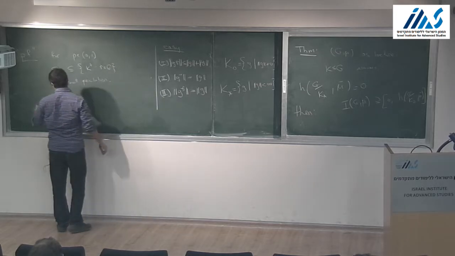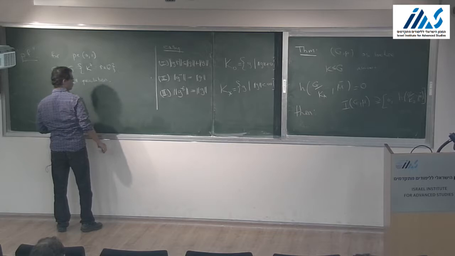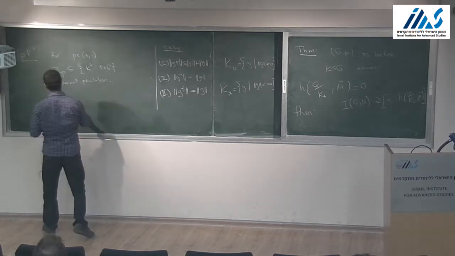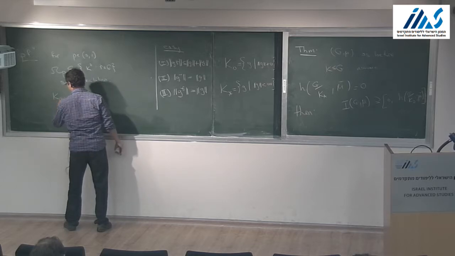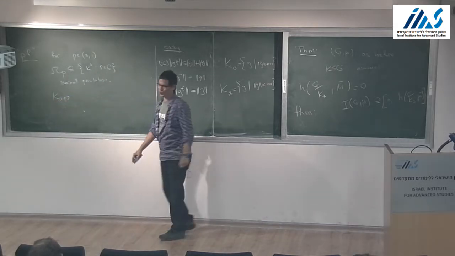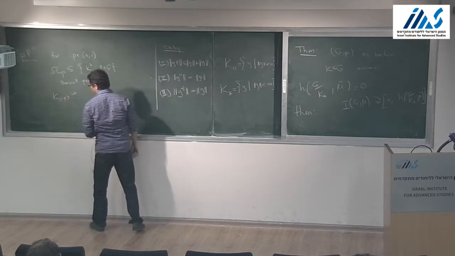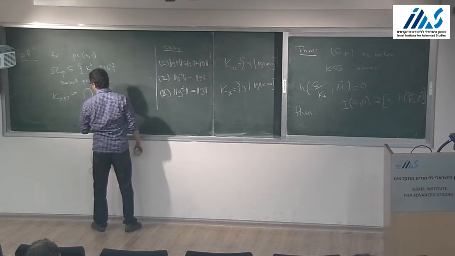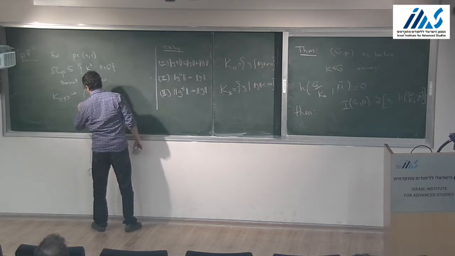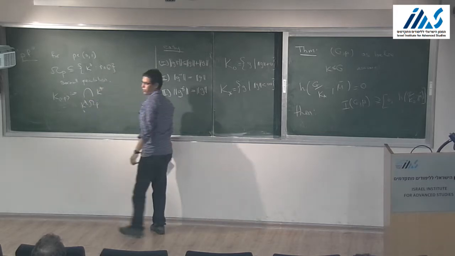And then I'm going to define K1 minus P to be, by definition, a random subgroup: the intersection over all elements inside this random set omega P of this conjugation class.